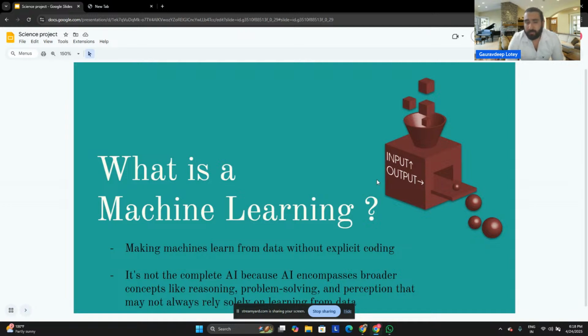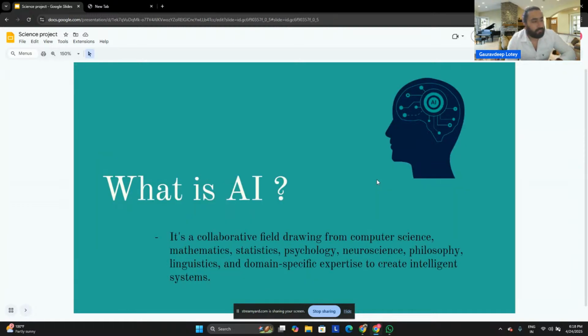And at the same time, appreciate the fact that machine learning is not the complete definition of AI, because if you remember, if we go two slides previous, we understood that AI is a very vast concept. We have not touched domains like speech recognition, speech to text, text to speech, or advanced systems, robotics, computer vision, natural language processing, and much more, right?